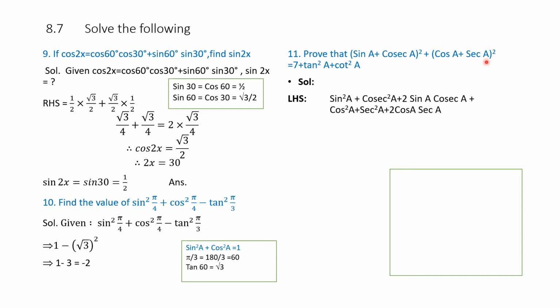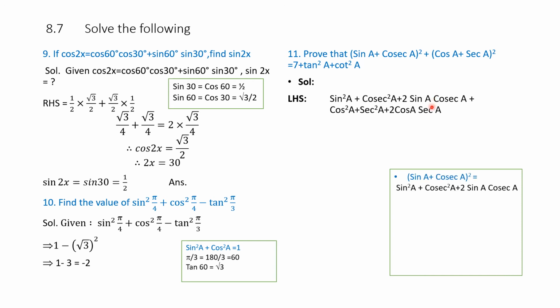In the first line, sin squared A plus cosecant squared A plus 2 sin A cosecant A. In the second line, cos squared A plus secant squared A plus 2 cos A secant A.